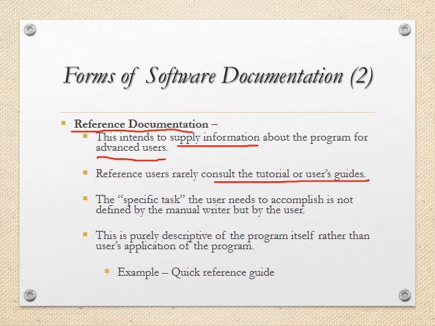The specific task the user needs to accomplish is not defined by the manual writer, but by the user. So exactly the users define what they want to learn from their manual. This is purely descriptive of the program itself rather than the user's application of the program. Examples of reference documentation are the quick reference guides.